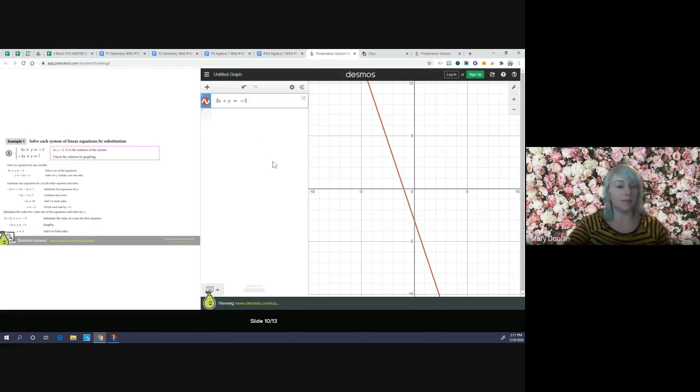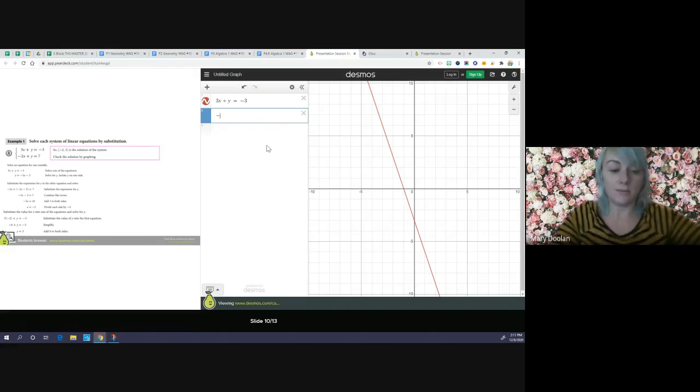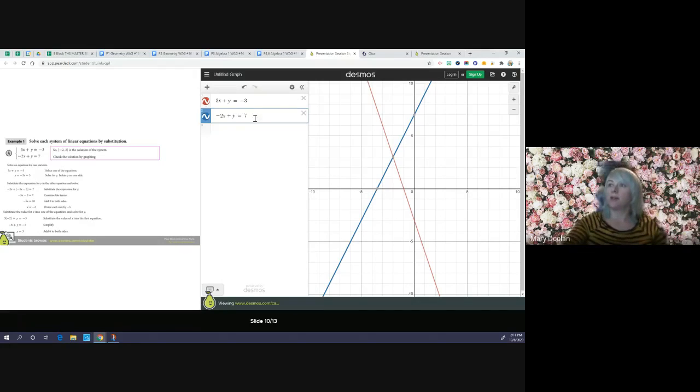It doesn't need it to be in slope-intercept form. It's in standard form. It's fine with that. And then just click below and you'll get a new area to type again. I'm going to type the other equation. Negative 2x plus y equals 7. And it graphs the second line for me.